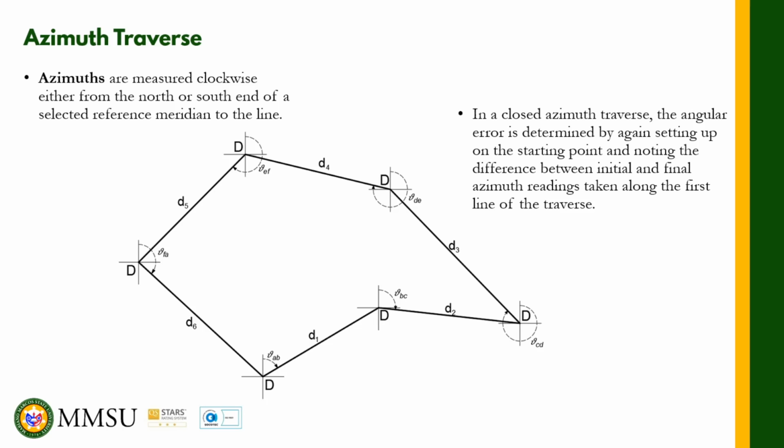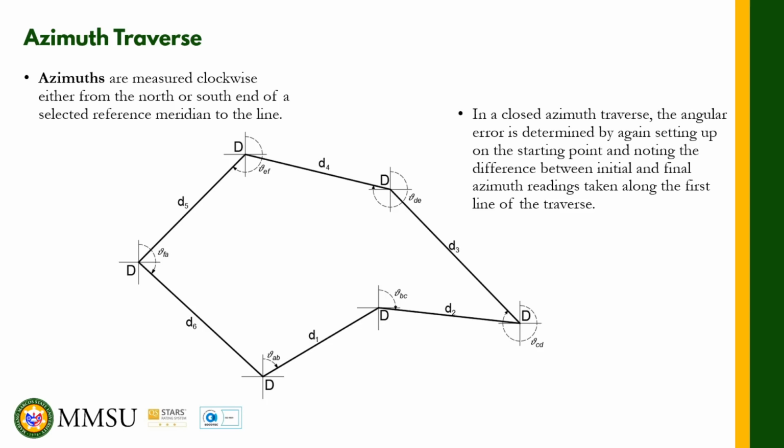Although, I'm sorry, the stations are all D, but that's an error. I'm sorry about that. But what I want you to note about the figure is the angle is measured from the north.